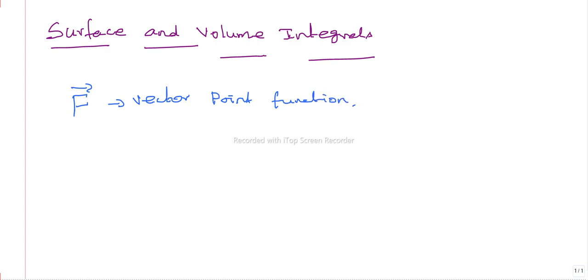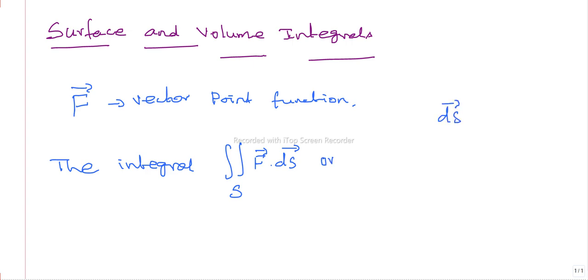Then the integral, we call the integral, the double integral over the surface S of F dot dS vector. So dS vector is nothing but a unit vector along the direction n cap times the magnitude dS.